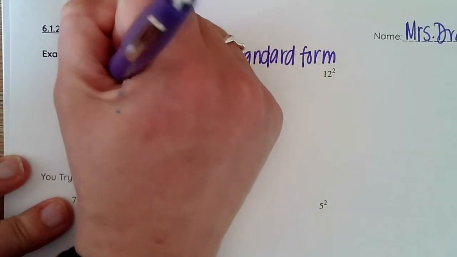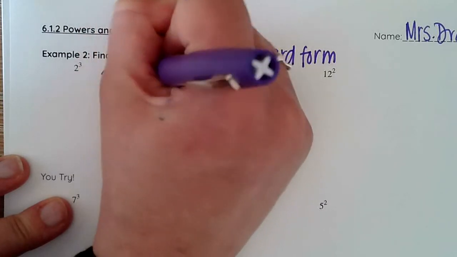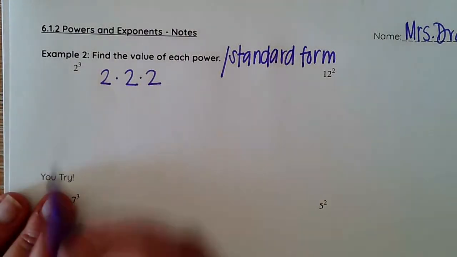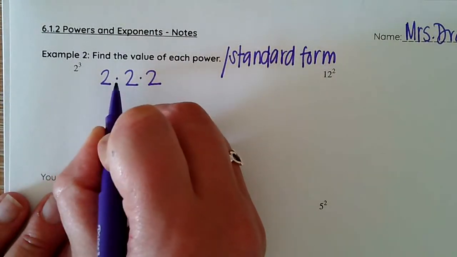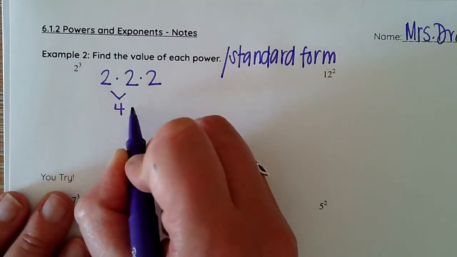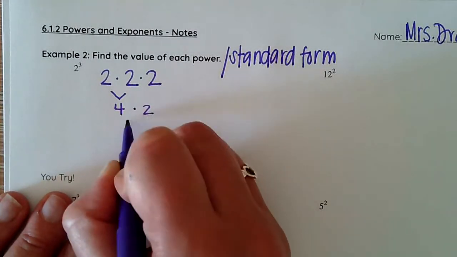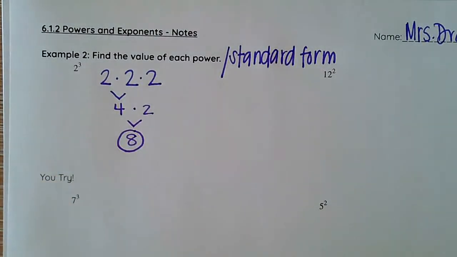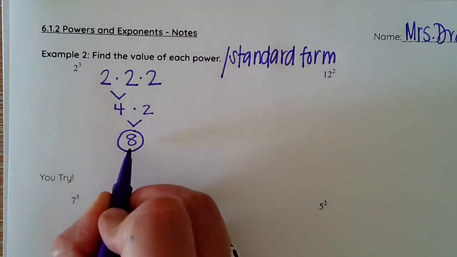So it looks like 2 times 2 times 2. Now, you can do that in your head if you would like, or you can, kind of like an order of operations problem, solve it part by part. So, for example, I'll start here, 2 times 2. 2 times 2 is 4. And then I multiply that 4 times 2. 4 times 2 is 8. So 2 to the power of 3 in standard form is 8.